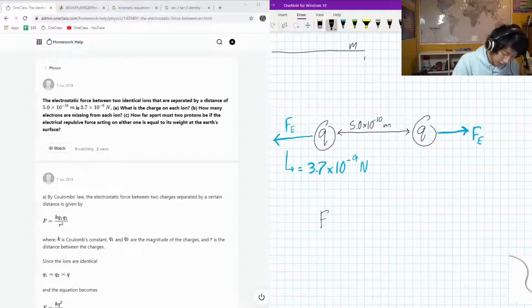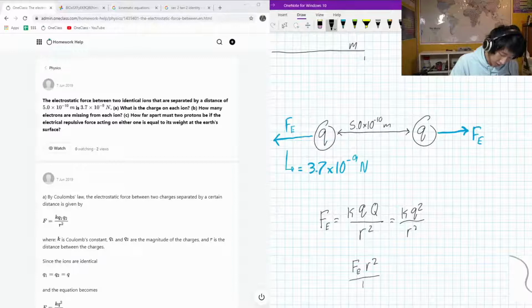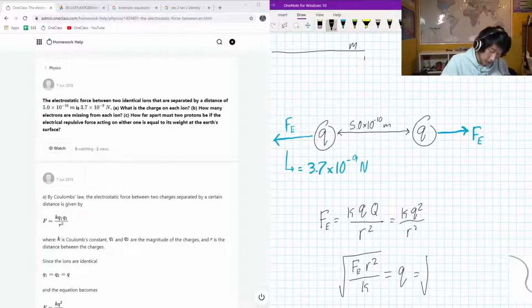We know that Fe is equal to Kq times Q over R squared. In this case, the Q's are the same, but we're trying to solve for the Q. So in this case it's Kq squared over R squared. So we just got to isolate for the Q. That's going to be Fe times R squared over K, all under the root, is going to give us Q.